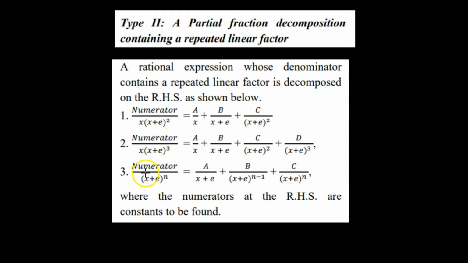So the whole concept here is that when you have a rational function which has a repeated factor, first write a partial fraction for the factor not repeating itself, then write a partial fraction for the factor repeating itself once, then for the factor repeating itself the next time, up to the highest, and therefore this is what we have.